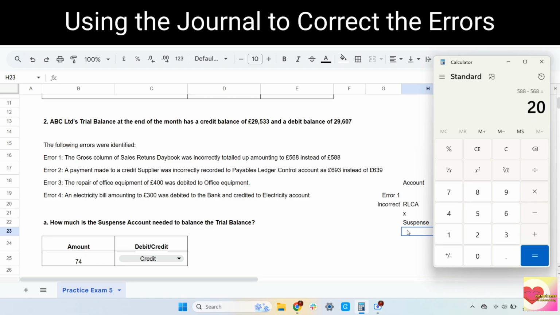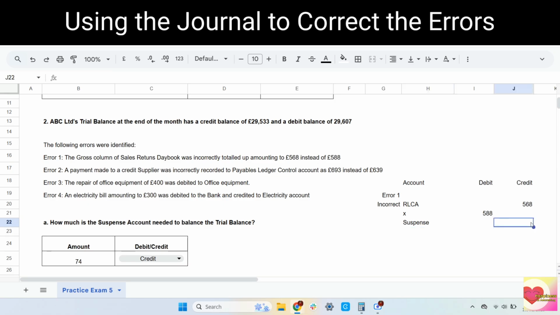So 20 is automatically inserted to the side that has the lower total, which is credit, to make the totals equal. Next, let's put the correct entry, which should be RLCA 588 in credit and 588 in debit. Again, we don't have to determine the opposite account as long as we know that this is the correct amount.